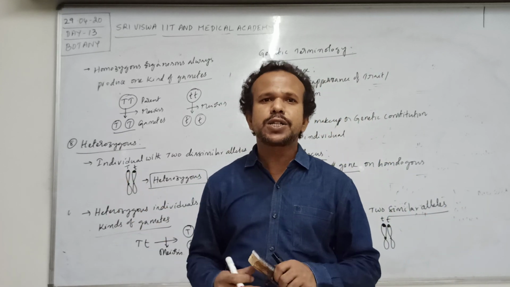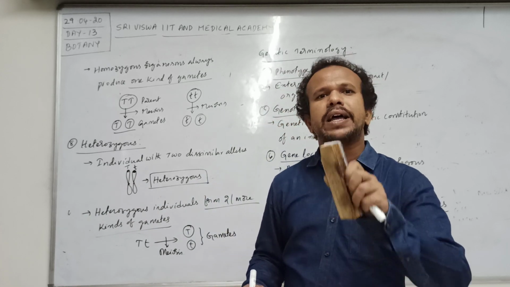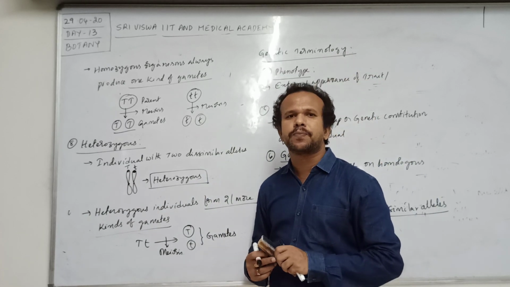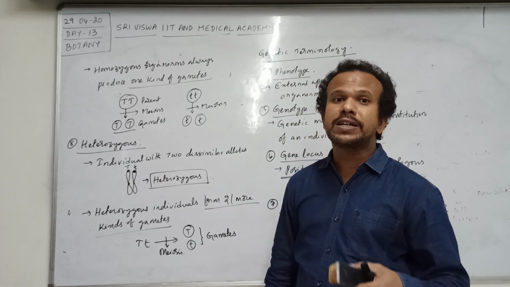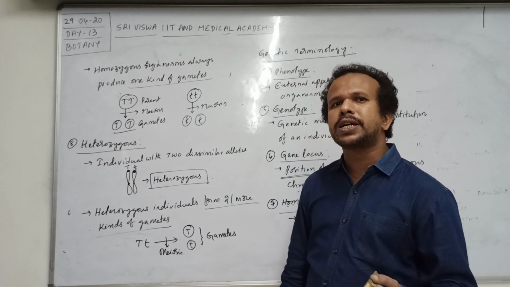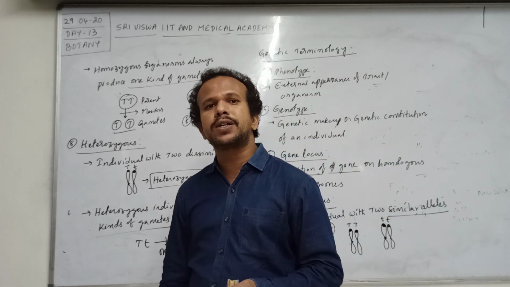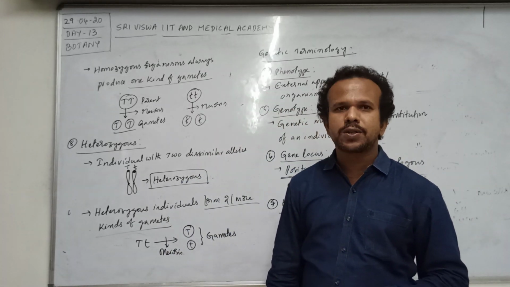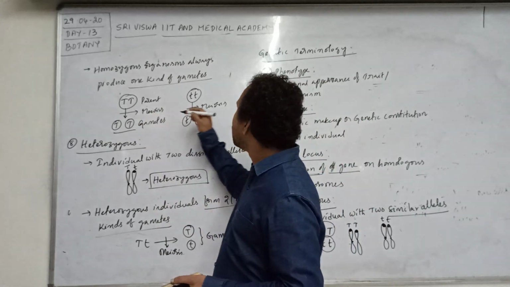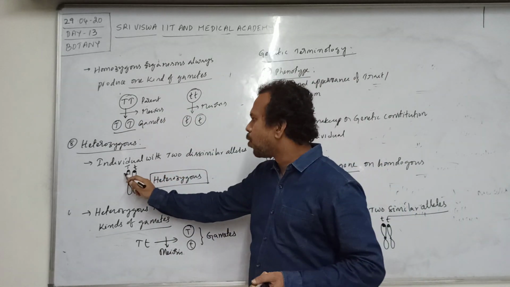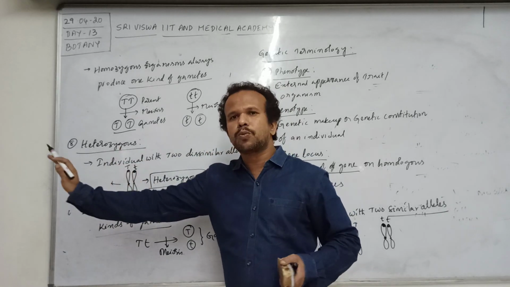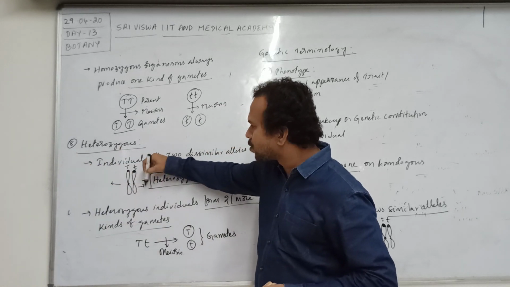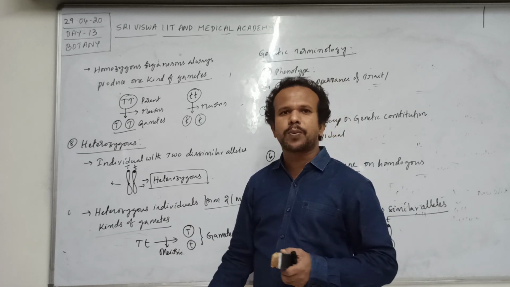This segregation occurs during which stage of meiosis? Anaphase 1 of meiosis 1. Segregation of chromosomes, also called disjunction, occurs during anaphase 1 of meiosis 1. During segregation, for example, say these are homologous chromosomes. Due to segregation, one chromosome moves towards one pole and another chromosome moves towards the opposite pole.